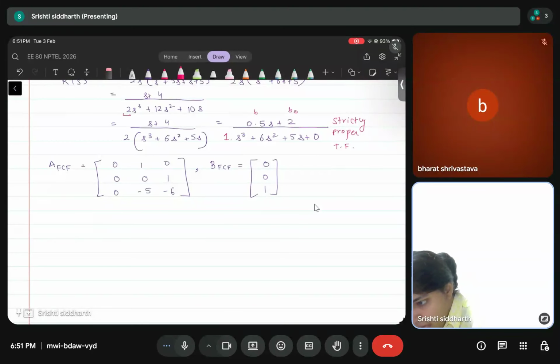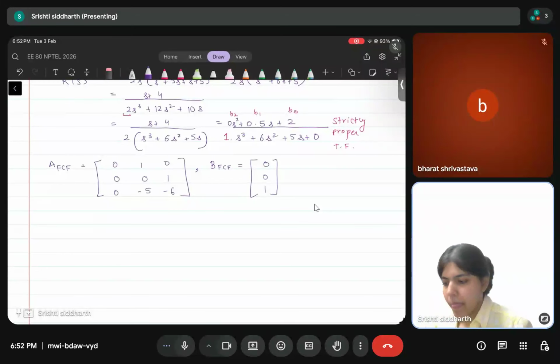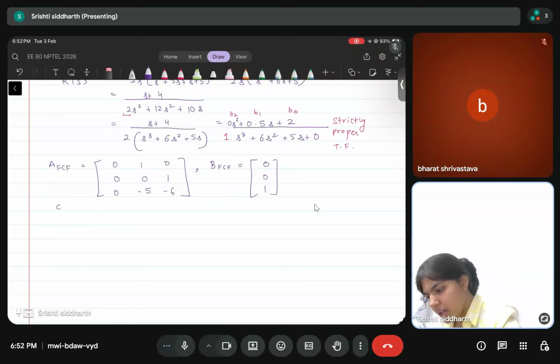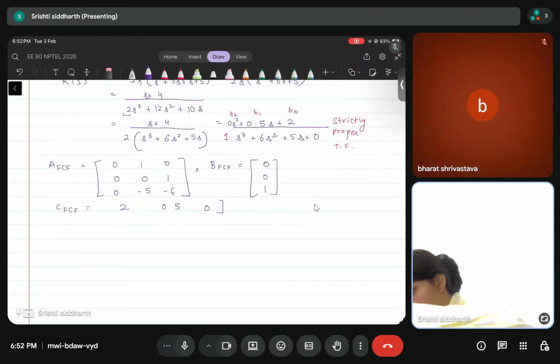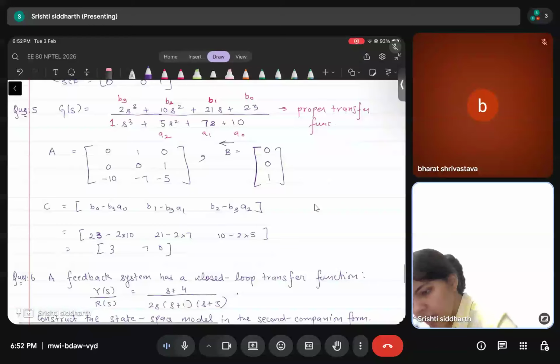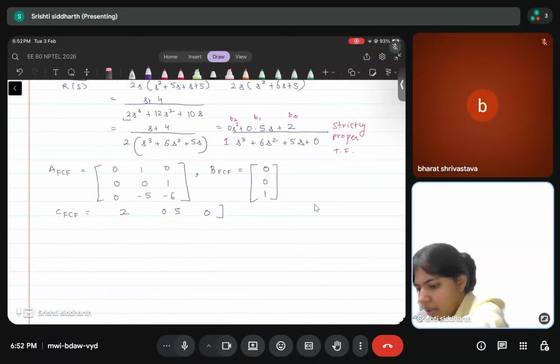B2 is 0, and B3 is also 0. So C in the first companion form is simply B0, B1, and B2. Alright. This is in the first companion form.